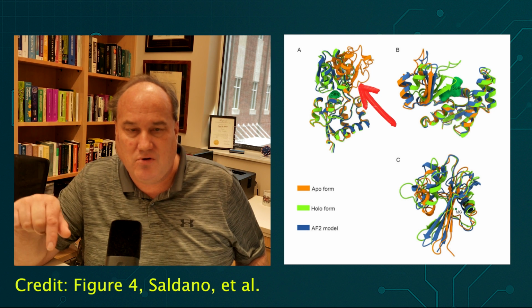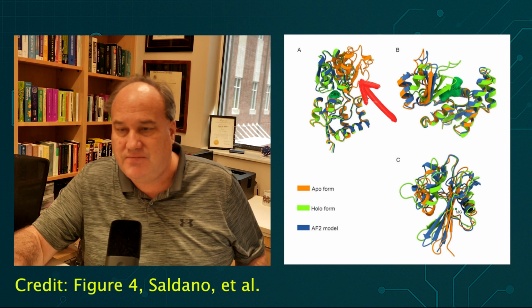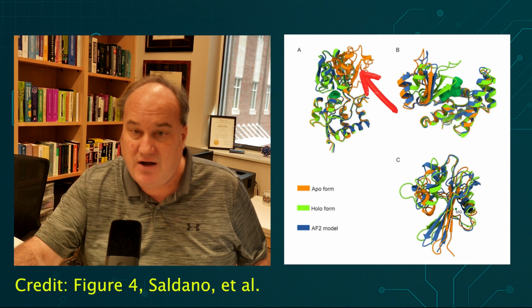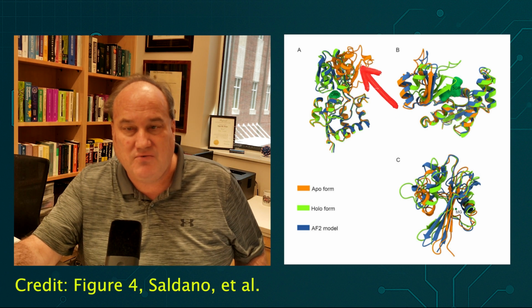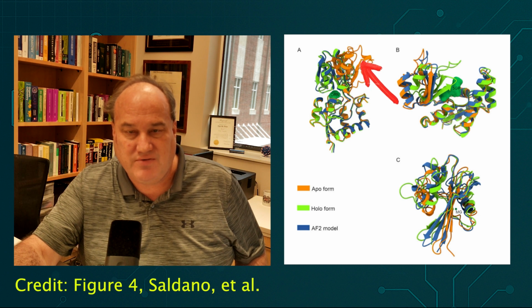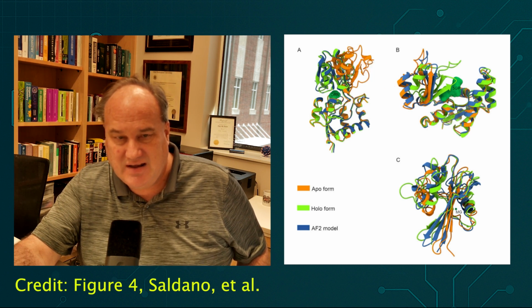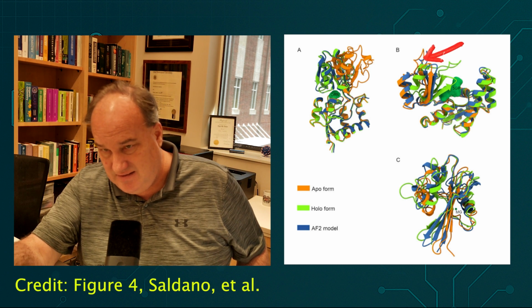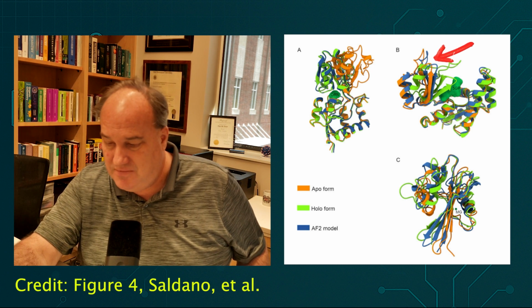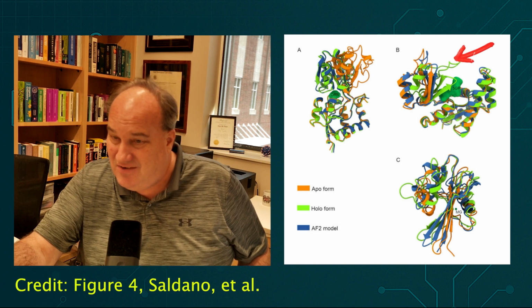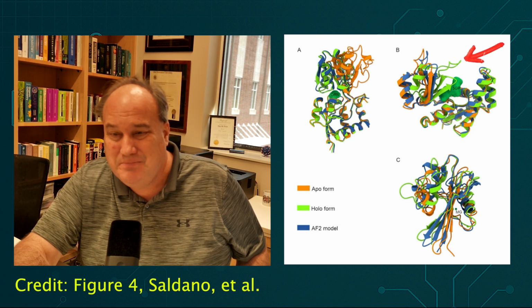So in Figure 4a, this shows that AlphaFold 2 predictions more closely match the holo form, or the bound form, of ornithine binding protein than the apo or unbound form. Yet in yeast guanylate kinase, in Figure 4b, AlphaFold 2 actually more closely matches the apo form than the holo form, which is kind of weird.